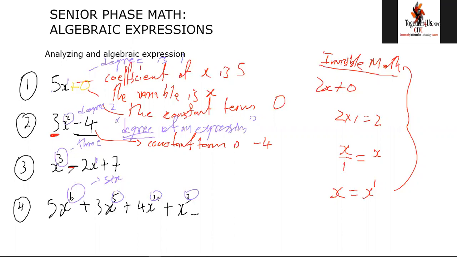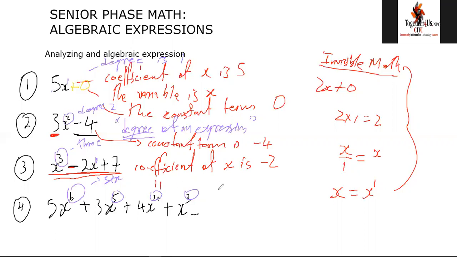So in other words, if we look at this expression here, the coefficient of x is -2, not just 2, is -2, guys.